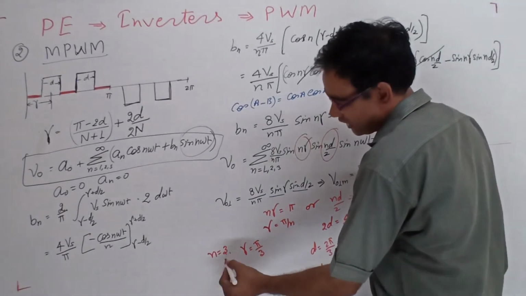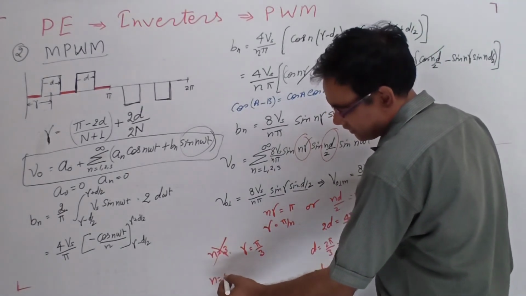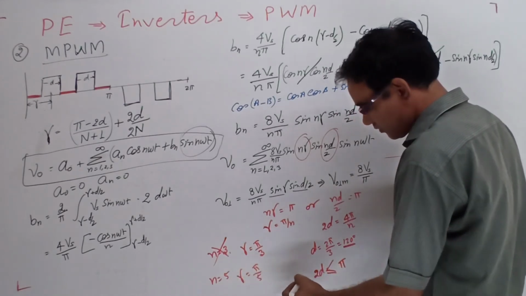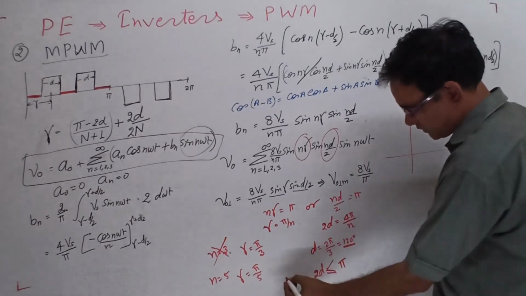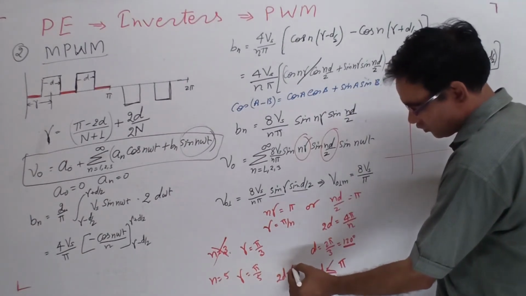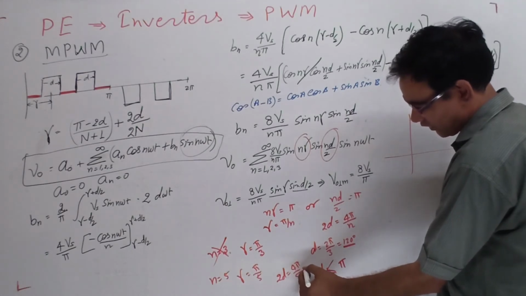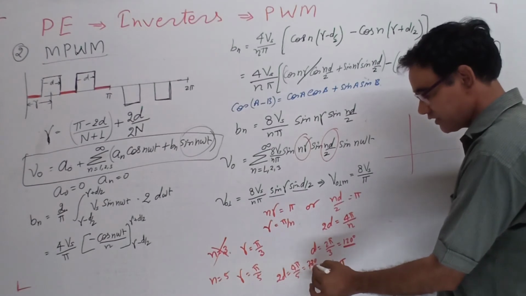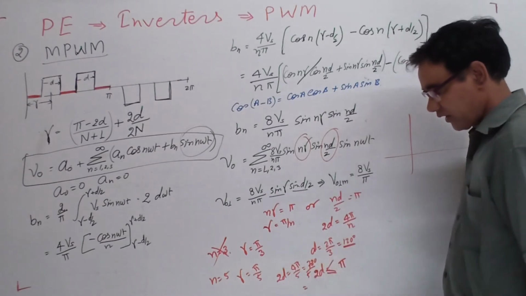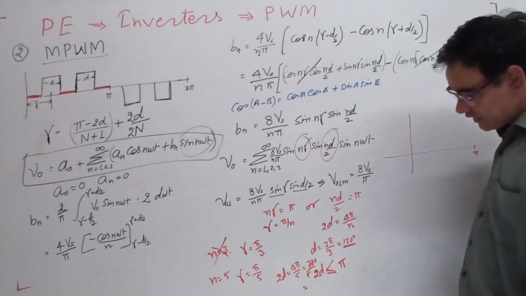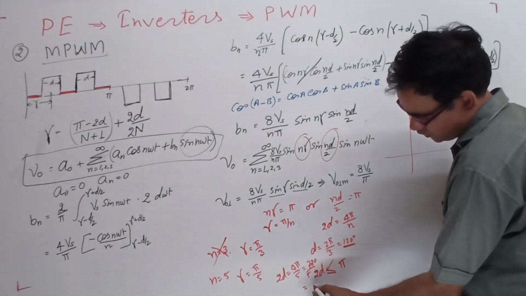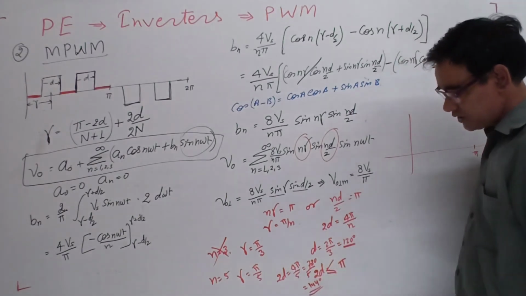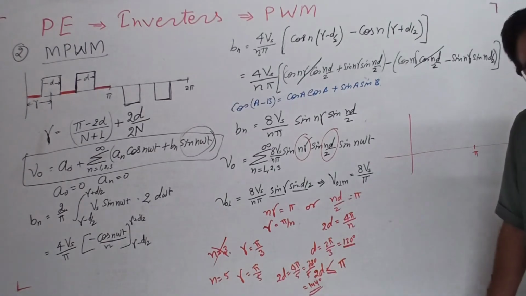Now we want to eliminate the fifth harmonic, n is equal to 5. So gamma comes out to pi by 5. Okay, no issue. And 2d comes out to 4 pi by 5. So 2 pi is 360, 4 pi is 720 degrees divided by 5, so it is 144 degrees. Pulse width is 144 degrees, that is feasible.